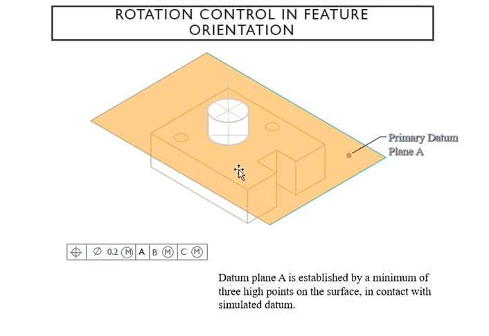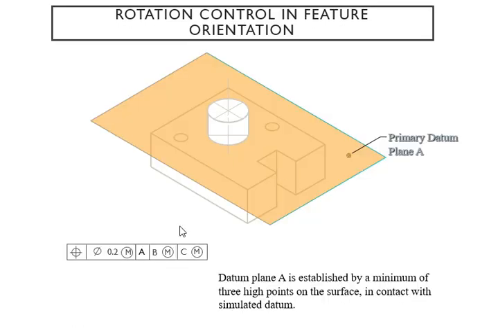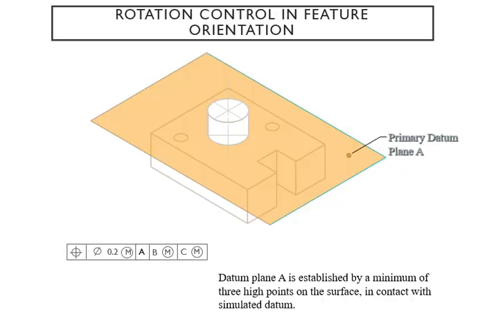Now we have a 3D view, so you can see the primary datum plane, which is A, this guy right there. And then this cylinder, I'm going a little bit fast, is right there. Please practice your view so you can see it when I'm going fast.